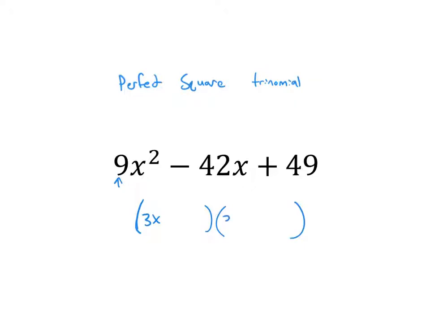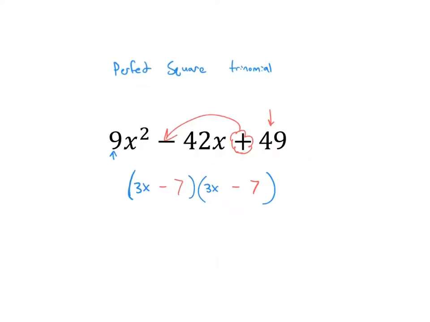It's 3 and 3. What's the number that multiplies together to give me a 49? 7 and 7. Now you might notice I'm making them negative, because I need them to multiply together to give me a positive, and add together to give me a negative.